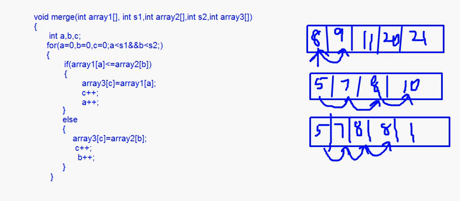Understood? Now after closing this for loop, the next thing we check, once we come out of the for loop, is if A is less than S1, right? So to see which array has finished, I mean which array we have exhausted.